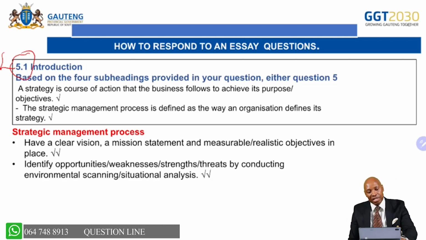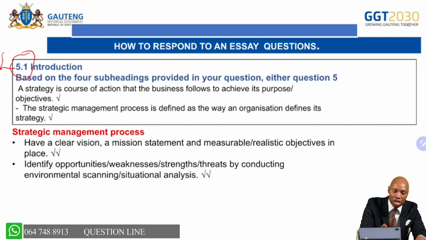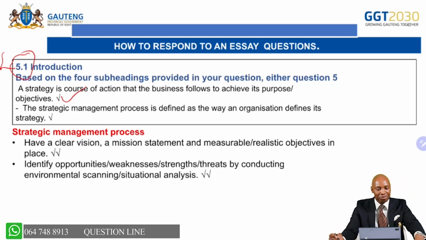Like I have indicated, you can use any of the sub questions to introduce your essay. Now, this essay is based on business strategy. That is why our introduction says, a strategy is a course of action that the business follows to achieve its purpose. Then you get your 1 mark.